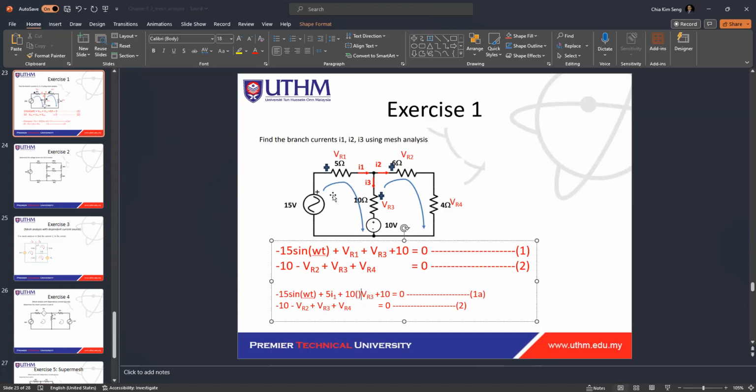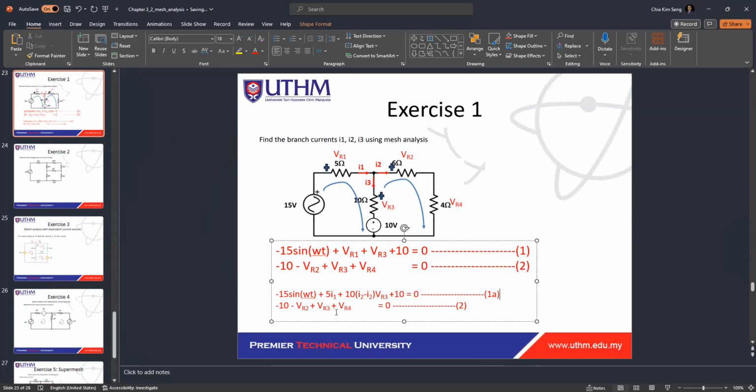One is a positive current here, so you will write the I1. And then another is the opposite side, so you need to put the negative I2 and I1. So I1 minus I2. After that you plus 10. So this one is settled.